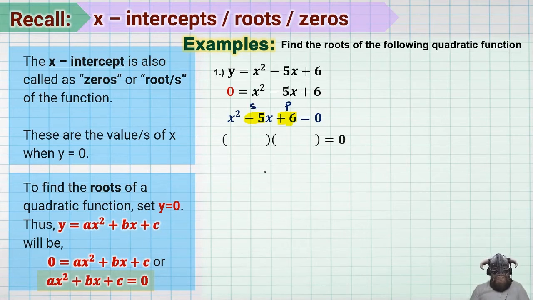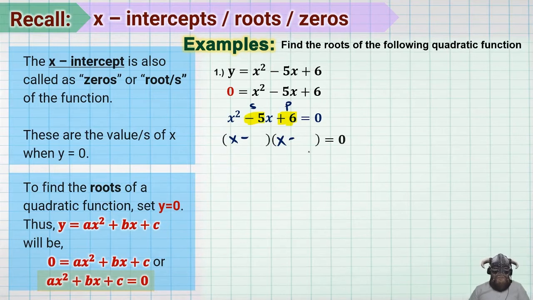That means both of the factors will be negative kasi negative times negative magiging positive. But if you add those two negative, magiging negative 5 siya dapat. So alam natin na negative sila pareho. We can set both of these as x minus times x minus. Yung number na lang yung kulang natin.